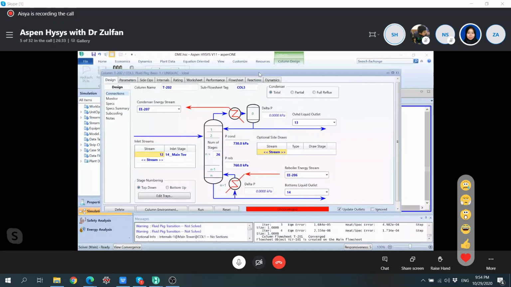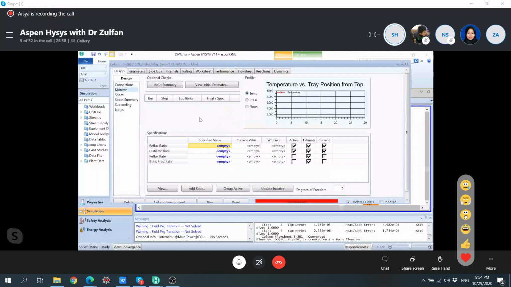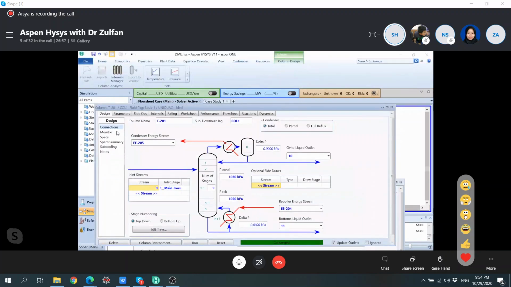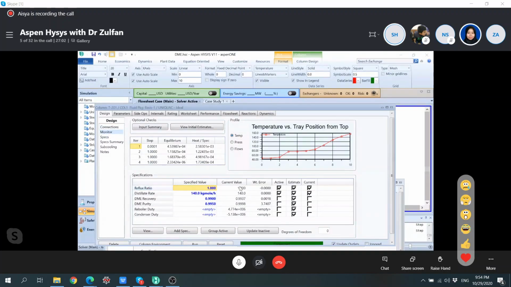Right. Now this one. What do you want to control and what do you want to see? Because last time, you can open again the previous column to have a comparison, for example. Right, we were controlling the reflux ratio and distillate rate.